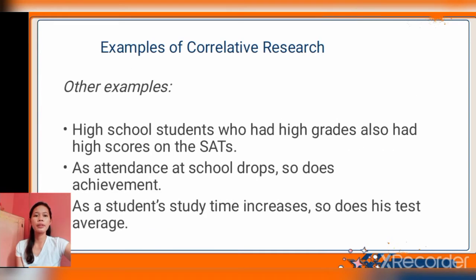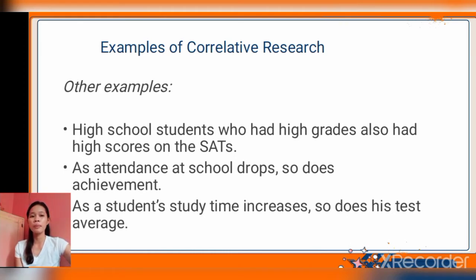Other examples: high school students who had high grades also had high scores on the SATs. So here we've noticed that both variables are increasing, the high grades and high scores. Next, as attendance at school drops, so does achievement. So here both variables are decreasing.